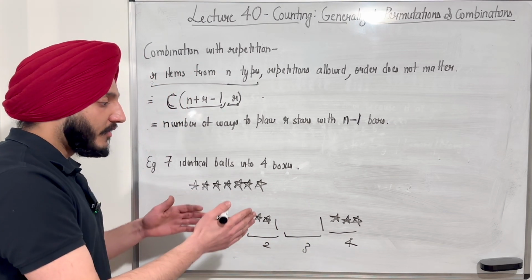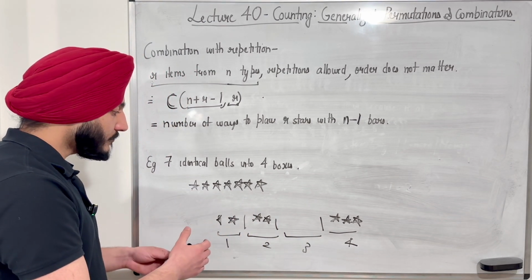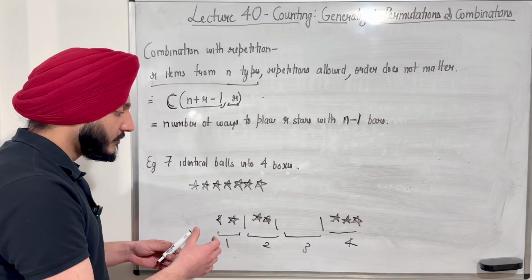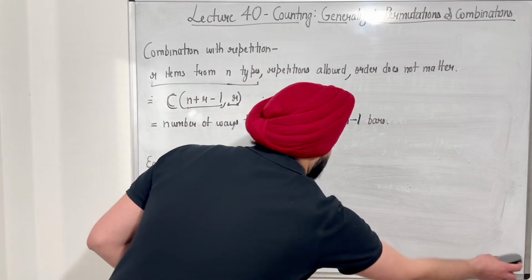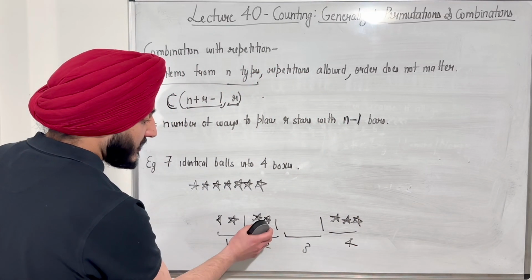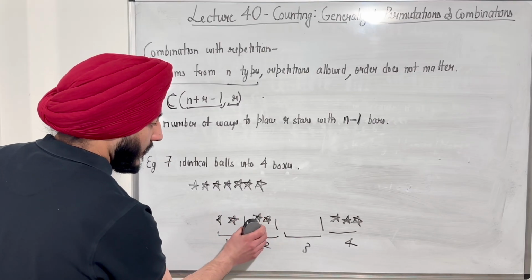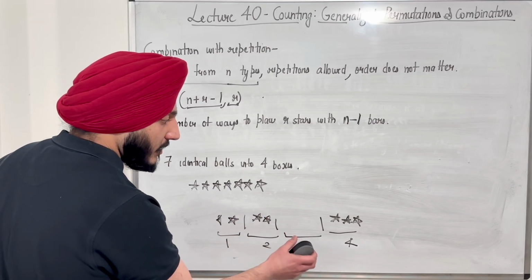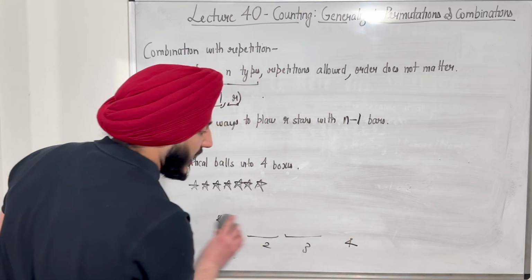So if I have 7 plus 3 bars, which is 10, I need to figure out how many ways I can arrange that.